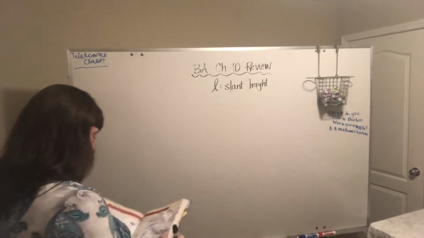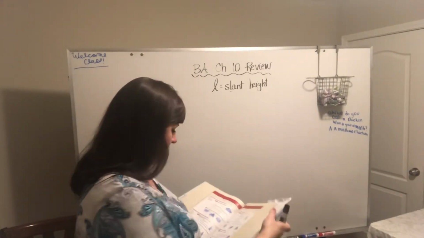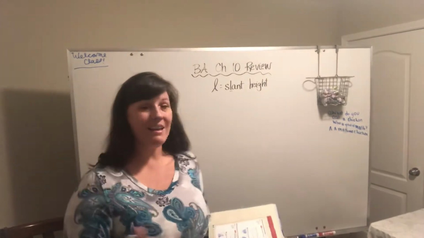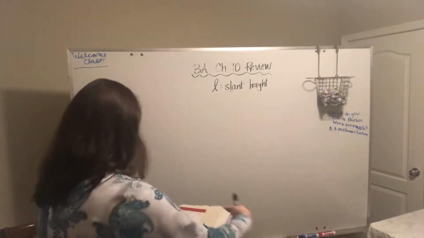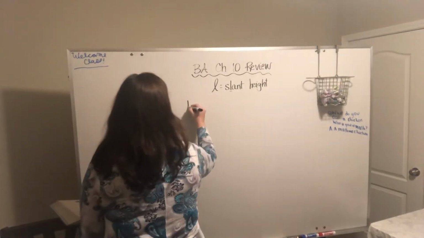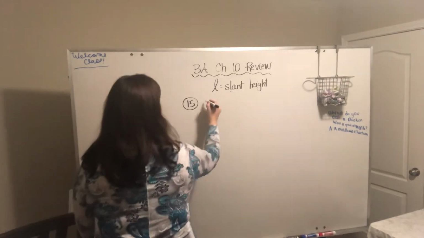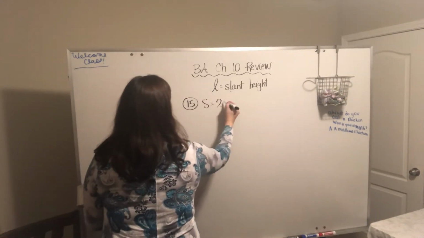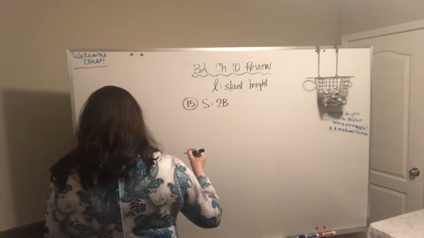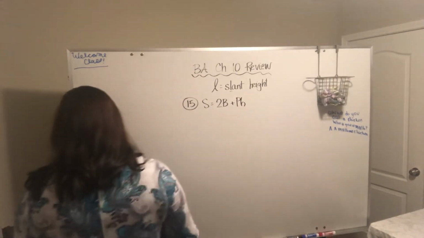Let's look at number 15. We have a rectangular prism there. Again, it's important to look at the base. With all of them, the surface area is 2 times the base, because we have 2 of them, plus the perimeter of that base times the height.